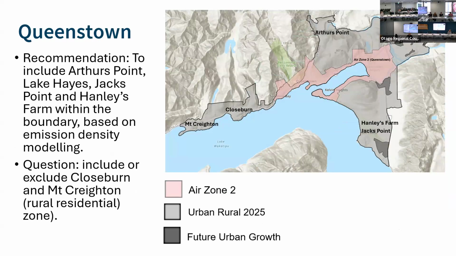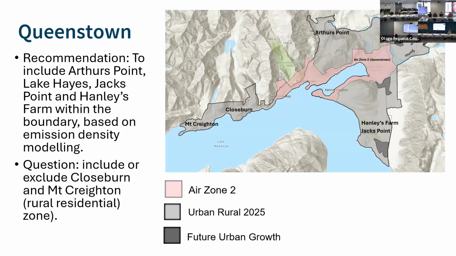The grey area that you see, the light grey urban rural boundary, also includes Mount Crichton and Closeburn, which are zoned rural residential, so they could also be included within the Queenstown zone. It's got a bit of development there, isn't it? At Closeburn and Mount Crichton scheduled as well. That all looks to make sense to me.